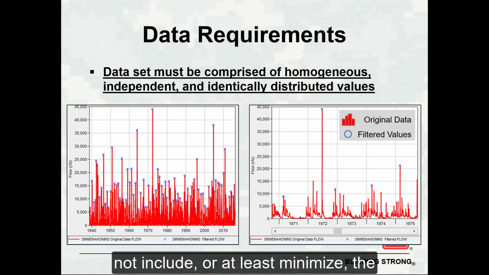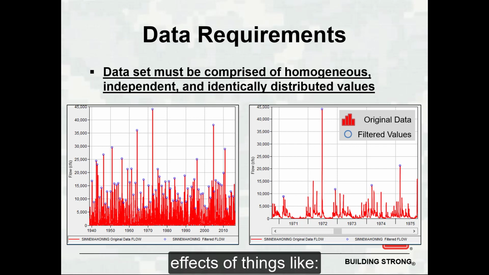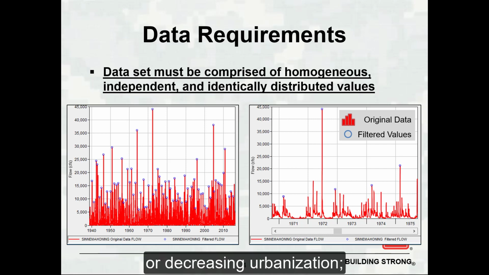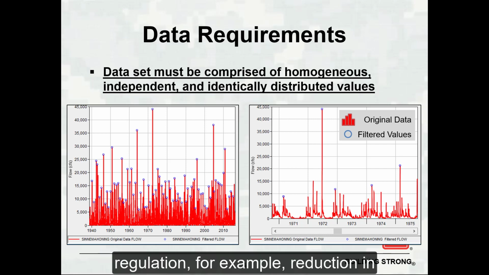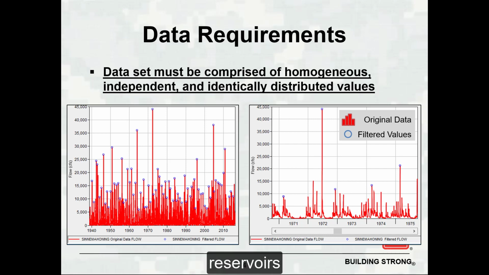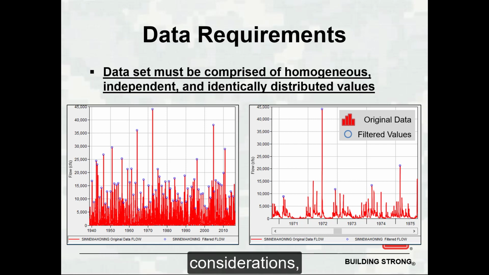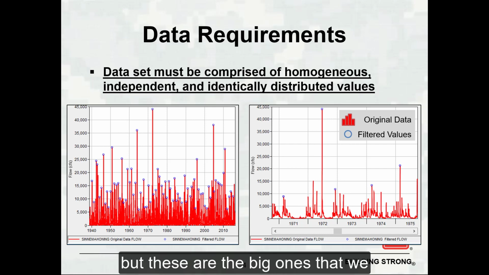The data should not include, or at least minimize, the effects of things like changing land use, including increasing or decreasing urbanization, regulation, for example, reduction in stages or flows due to upstream reservoirs or diversions, and large climatic variations or oscillations.